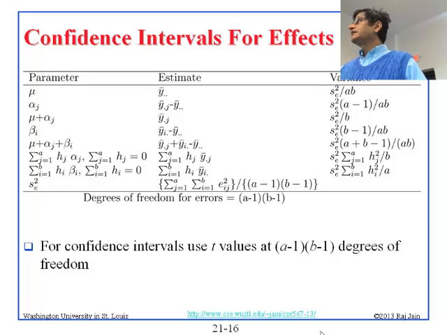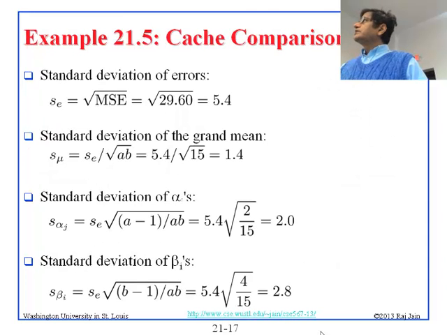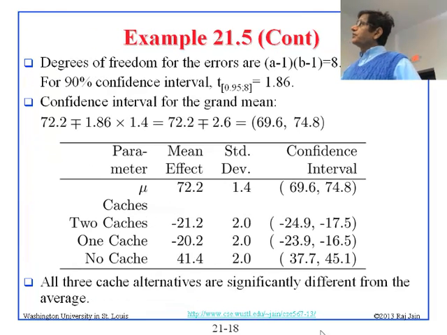So there is not much new here except some formulas. Standard deviation of errors is given, standard deviation of mu you can find out, standard deviation of alpha j you can find out, and beta j you can find out using the formulas. Once you know, you can put the confidence intervals and you can see if something is 0. So nothing is 0, nothing is 0, nothing is 0, nothing is 0.